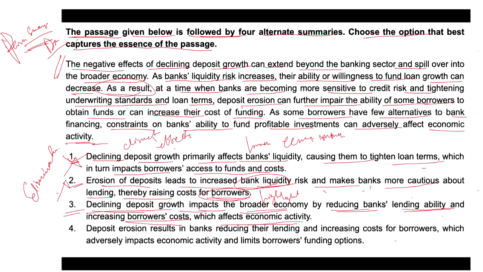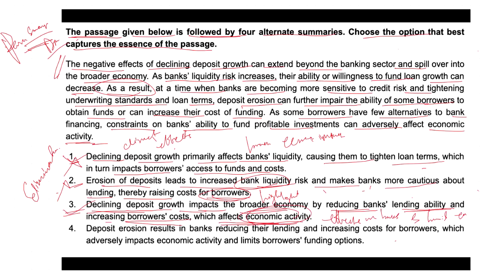So you can say that this summary effectively captured the essence of the passage by addressing both the effects, right, on bank, effects on whom? Bank and the borrowers and the broader economic impact, isn't it? Broader economic impact affects economic activity. So in that case, you can say this is the perfect summary which covers everything, isn't it?